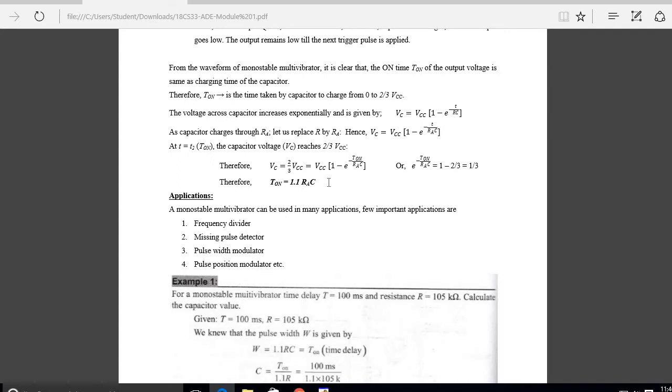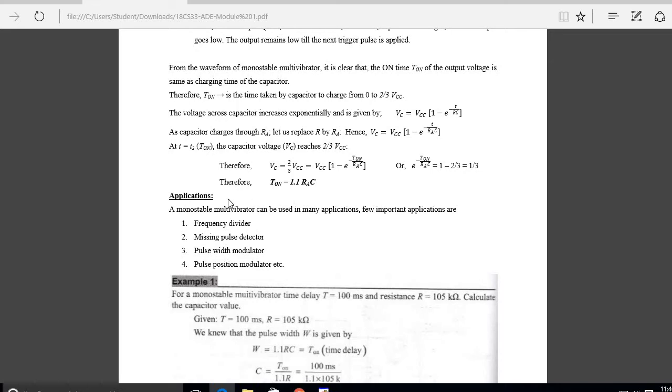If you are confused with this line, you can skip it and only remember these three formulas. The main thing is T on is equal to 1.1 RA into C, where T on is the time the transistor is in on condition, RA is the resistor, C is the capacitor.